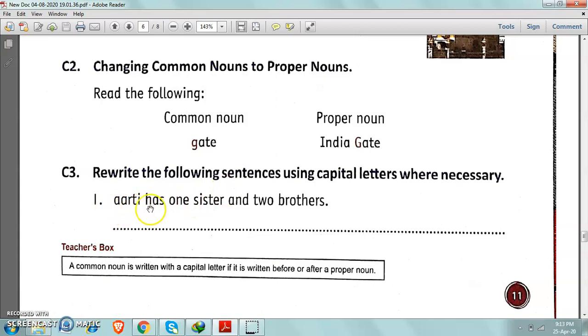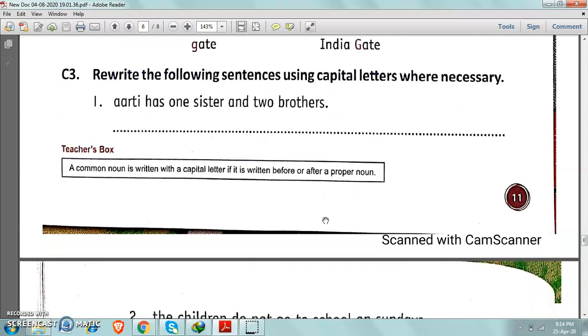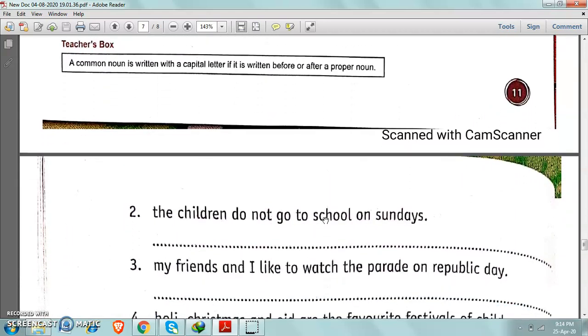Here, Aarti has one sister and two brothers. Here, Aarti is the name of a girl and it is a proper noun. So we will write capital A in Aarti, same sentence, and a full stop at the last. It will become a proper sentence, and it is giving you meaning also. So the first letter of each sentence is capital.